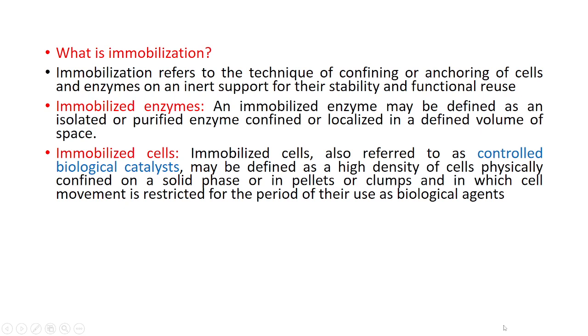Okay, so you can do it in pellets, you can clump it or whatever, such that the movement is restricted when they are used. So they are also referred to as controlled biological catalysts. Okay, immobilized cells. So why do we need immobilization?